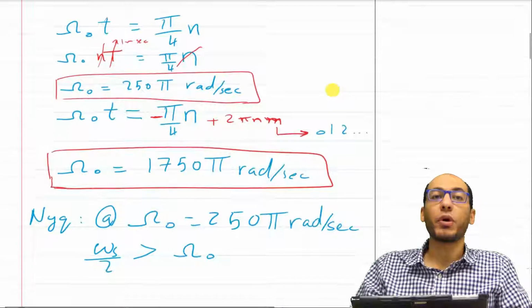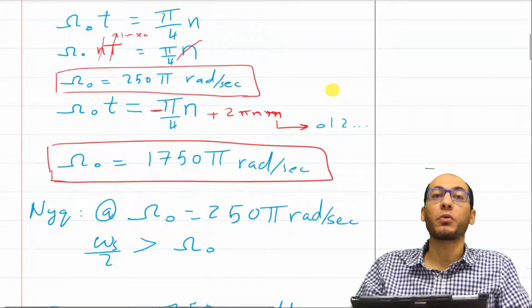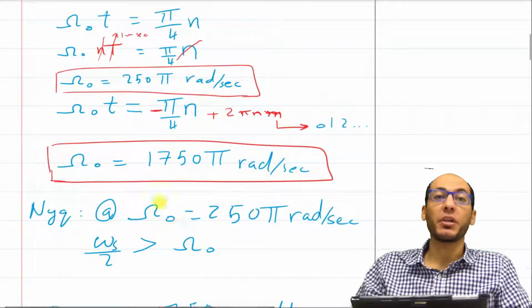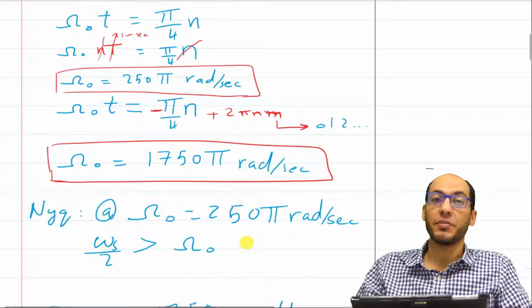The third requirement is to see if Nyquist's theorem has been satisfied or not. At omega naught equal to 250 pi radians per second, what is the value of omega s?